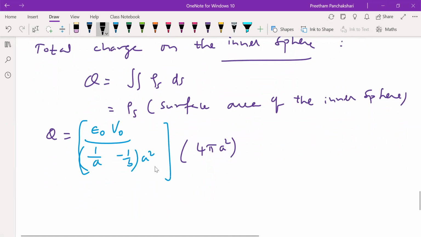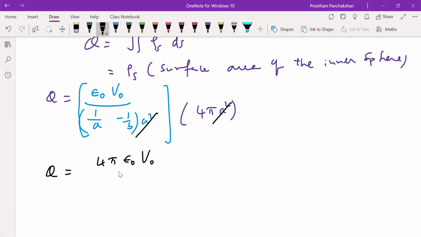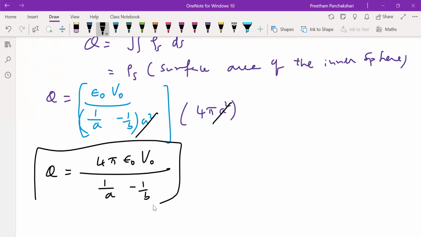And we know that A square is cancelled. Finally, Q becomes 4 pi epsilon naught V naught divided by 1 by A minus 1 by B. In coulombs.